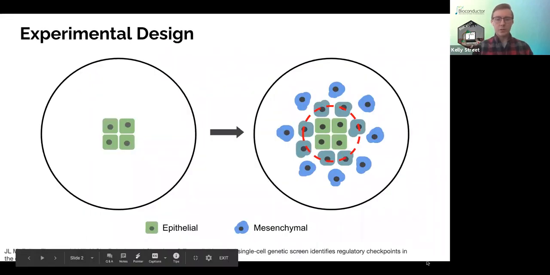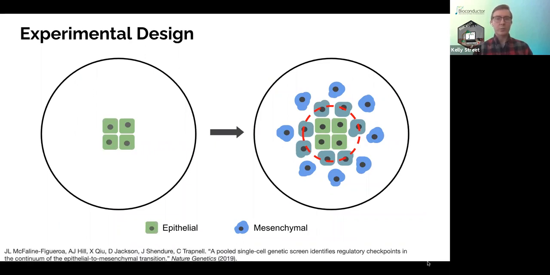So I'm going to start by presenting the data set that we're going to be working with today, which is just one example of the type of data set that you might be working with and that you might apply these methods to. But it's a very straightforward example, and it fits very well with what we want to talk about. So this is sort of a simplified version of this experiment where we're studying EMT, epithelial to mesenchymal transition.